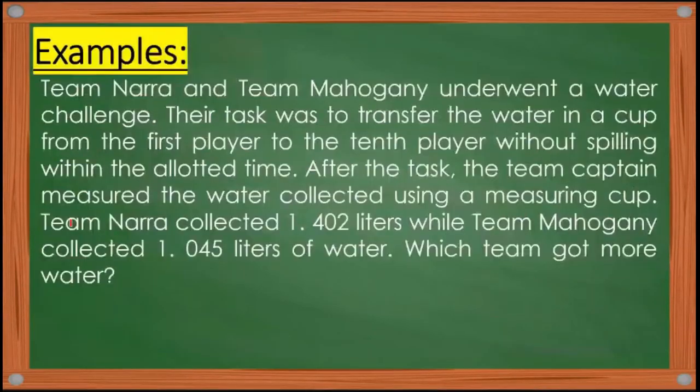Next, last. So I have here an example. Team Nara and Team Mahogany underwent a water challenge. Their task was to transfer the water in a cup from the first player to the 10th player without spilling within the allotted time.